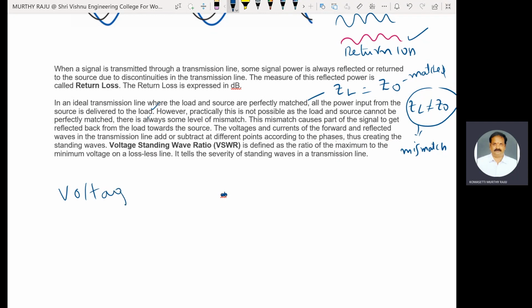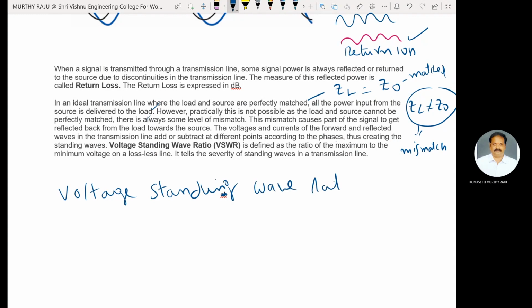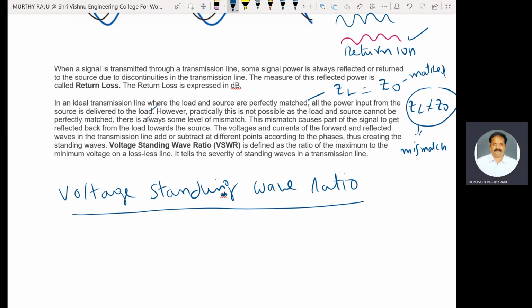First one is voltage standing wave ratio. The ratio of maximum voltage to the minimum voltage is called the voltage standing wave ratio.